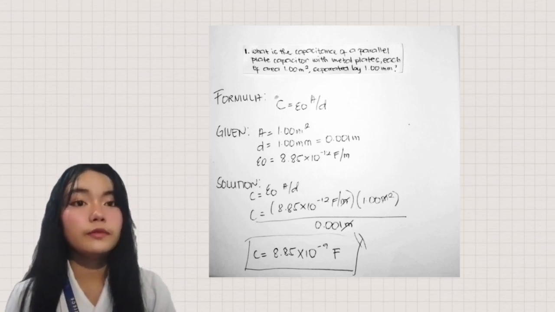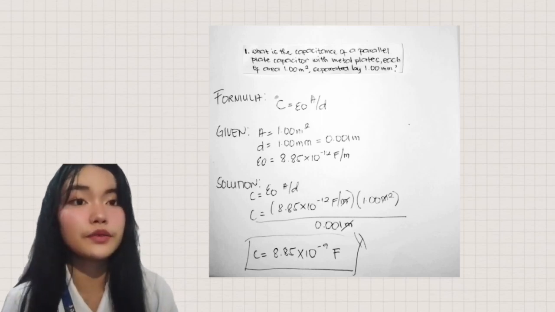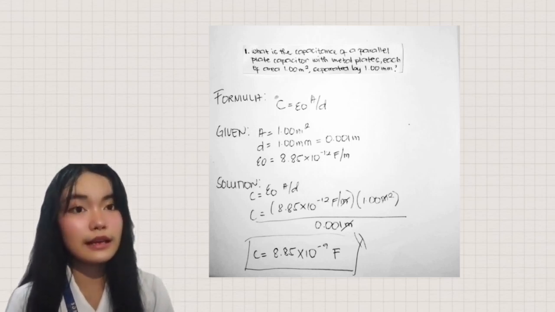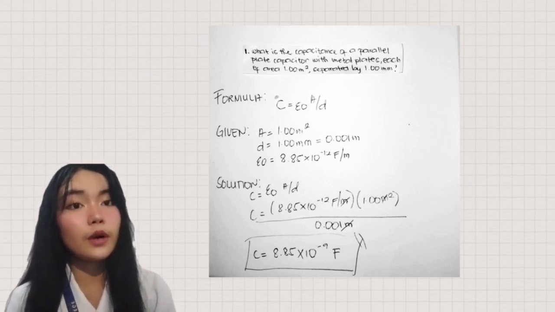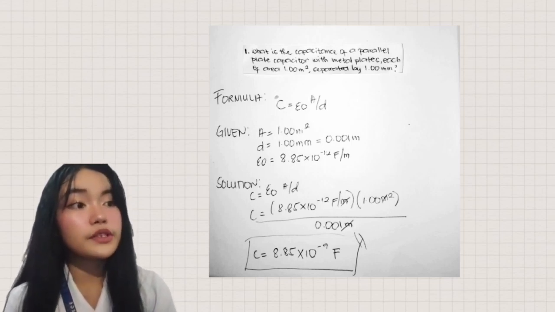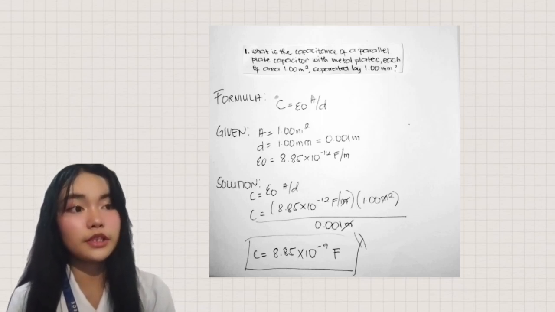Now we're going to plug in the values. So C equals 8.85 times 10 raised to the power of negative 12 F per m multiplied by 1.00 meter squared over 0.001 meter.